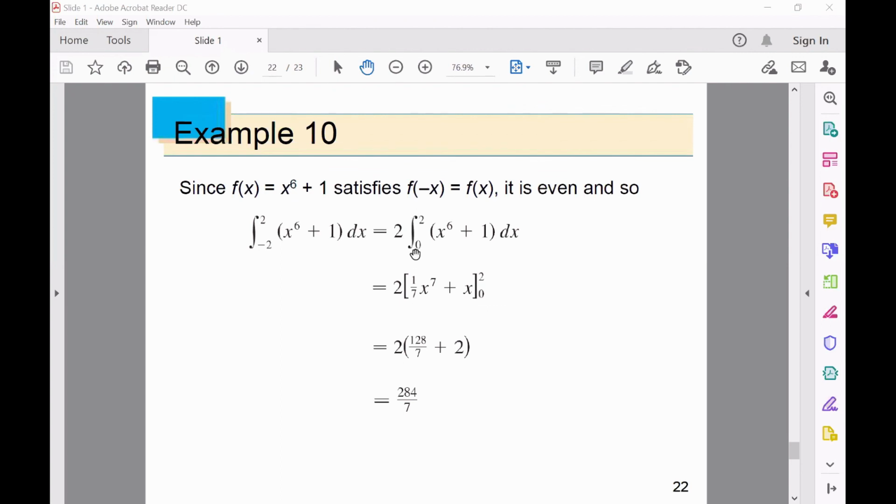Because it's an even function and it's equal like that. This integral x to the 6, its antiderivative is x to the 7 divided by 7. The antiderivative of 1 is x, then it becomes like that. Be careful, we put 0 instead of minus 2 because we take just the right side and your function is even.